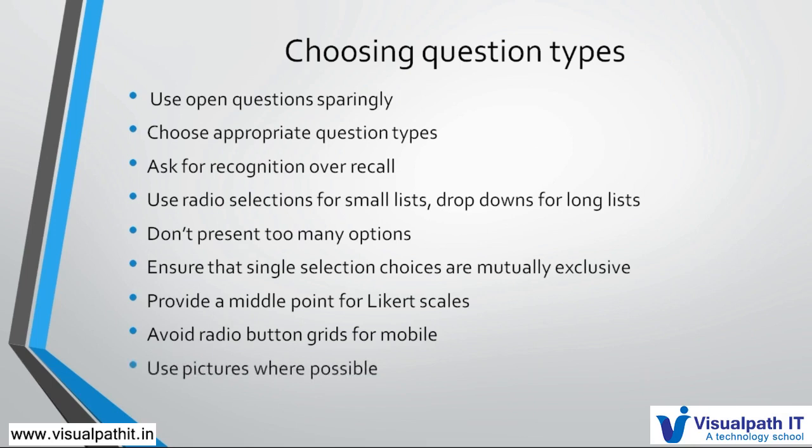Next, use pictures wherever possible. Pictures give a clear picture instead of text. Like from childhood, we have all seen pictures. A picture shows a clear result and makes learning interesting, so use pictures wherever possible.